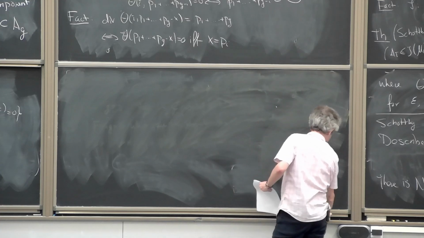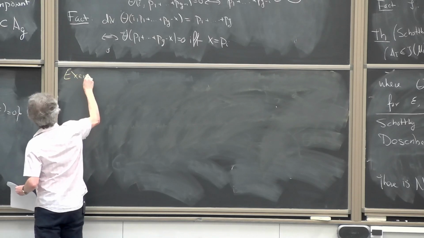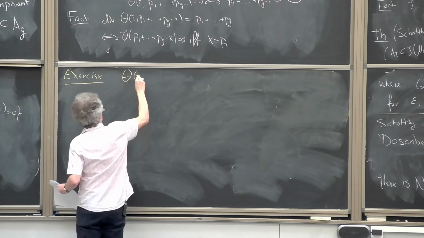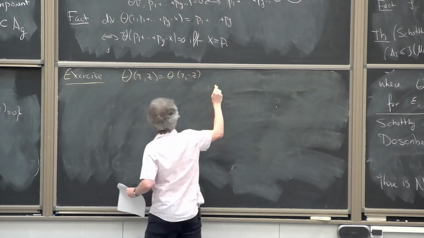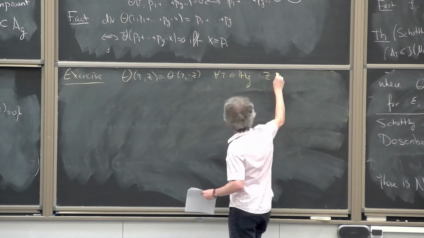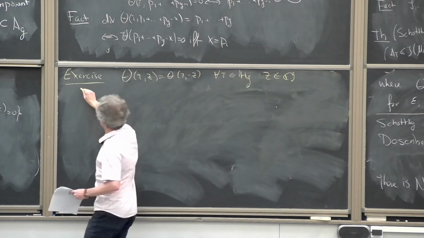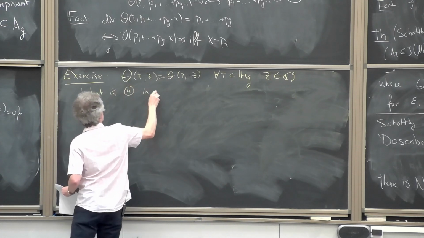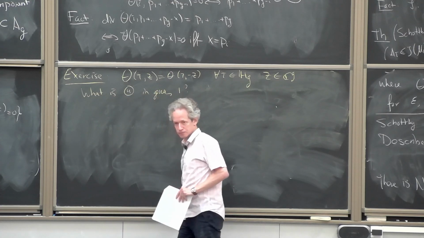And there was going to be an easy exercise here. The exercise is that theta is an even function. This is very easy. And the second question is, what is the theta divisor in genus 1, very explicitly?